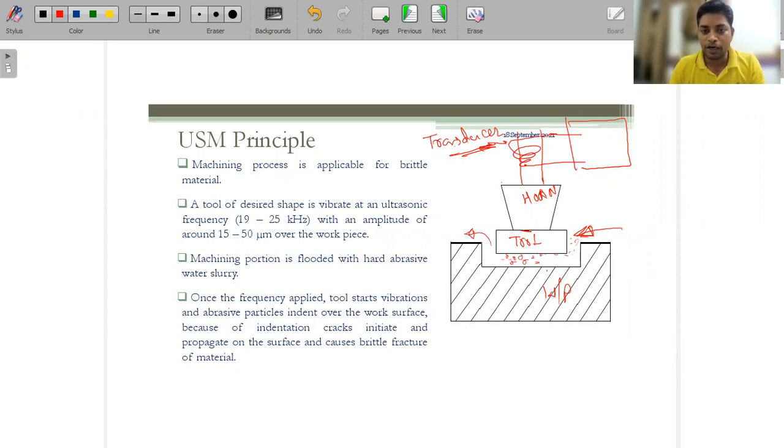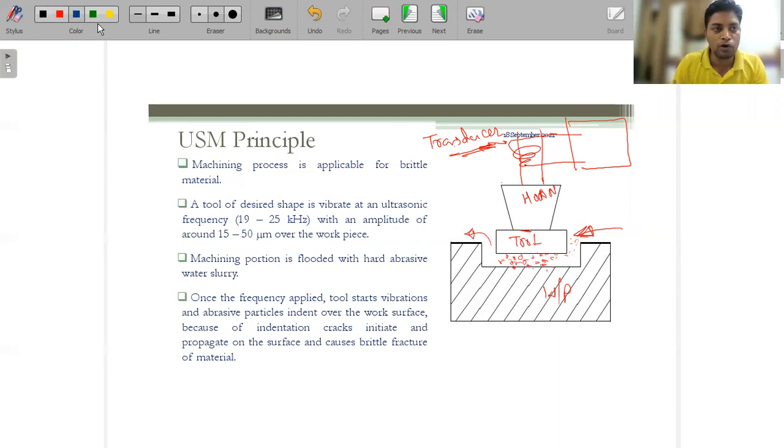Now we are using these abrasive particles. When we initiate the frequency, the horn vibrates, and the tool connected below the horn also starts vibrating.